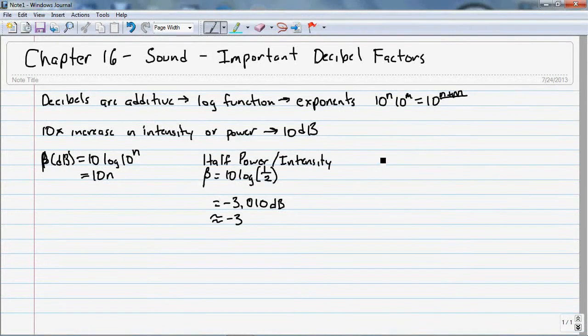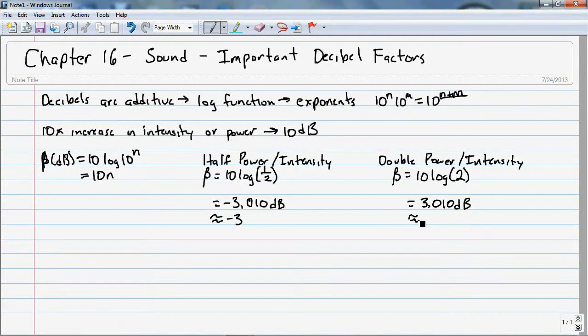Now, along with a half, we can do a double. That's just taking our formula and having a ratio of 2/1, or 2, and that's just equal to 3.010 decibels, and we just round that to 3.